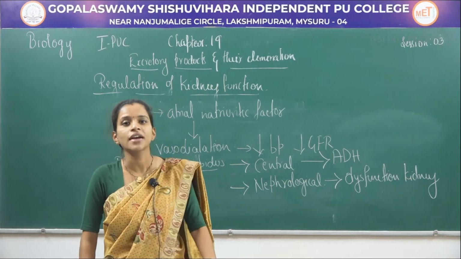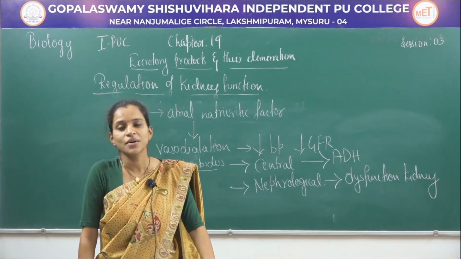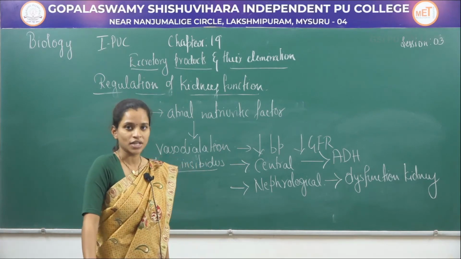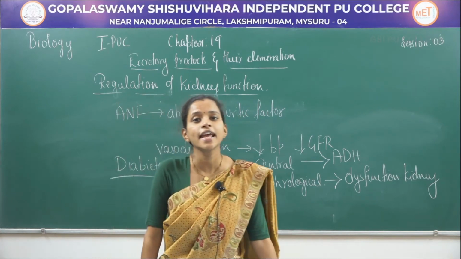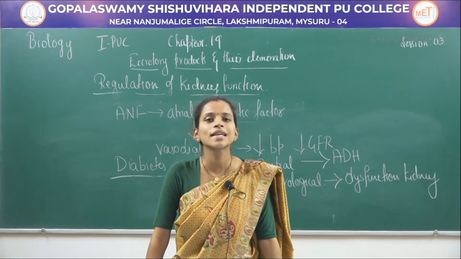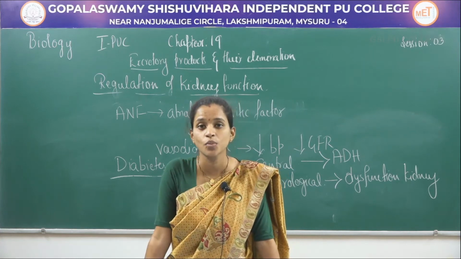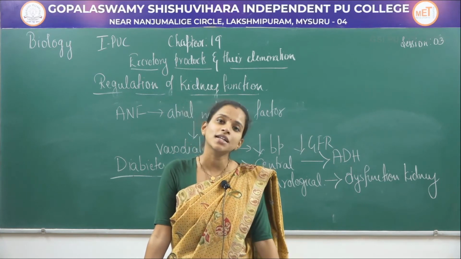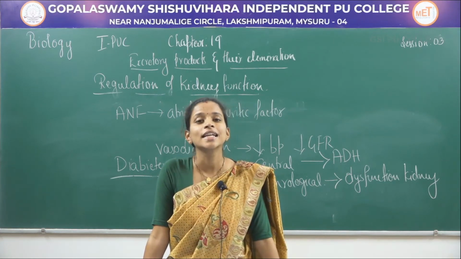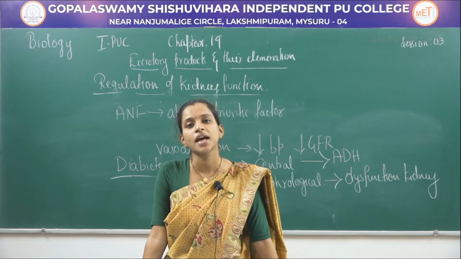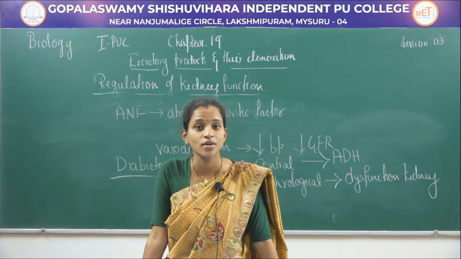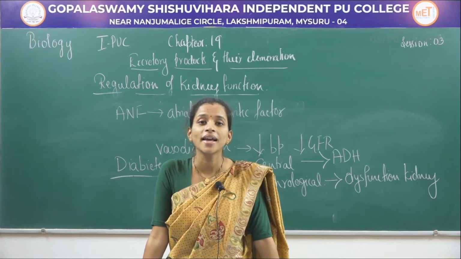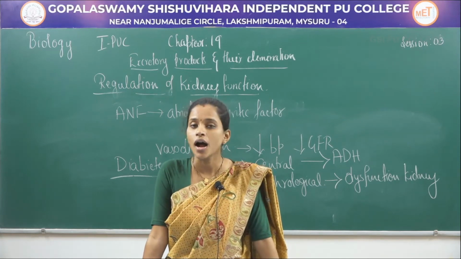Apart from this, atrial natriuretic factor of the heart also plays a very major role, which helps in reducing the blood pressure due to vasodilation. This is how there is regulation of kidney functioning, using the hypothalamus hormone vasopressin, or ADH, what we call anti-diuretic hormone, or the juxtaglomerular cells releasing the renin which converts angiotensinogen into angiotensin 1 and 2, where angiotensin 2 also helps in reabsorption of sodium and water by releasing the adrenal cortex hormone aldosterone.